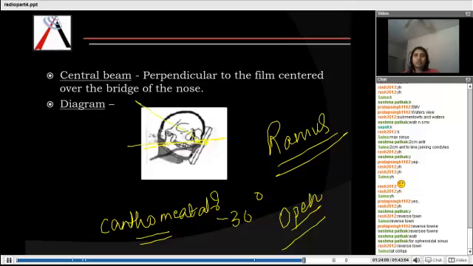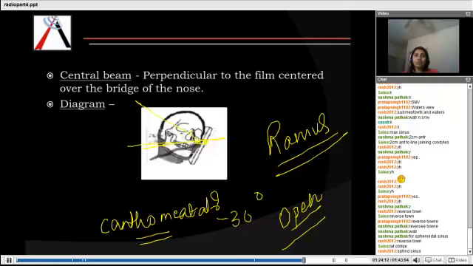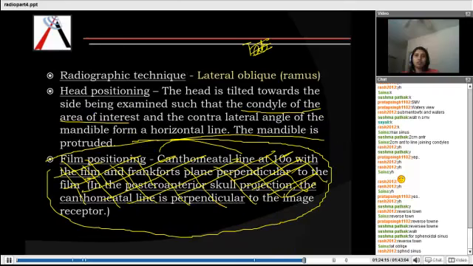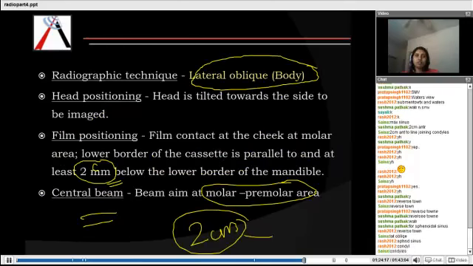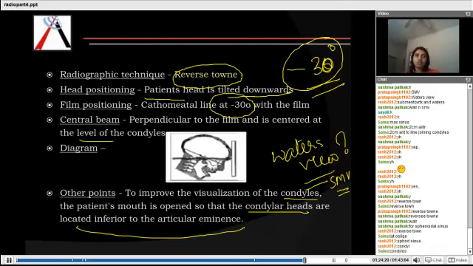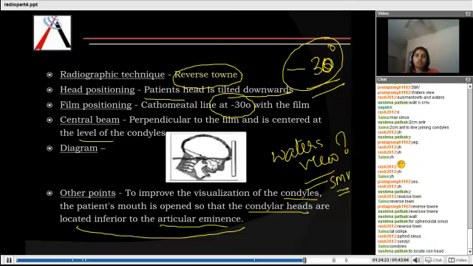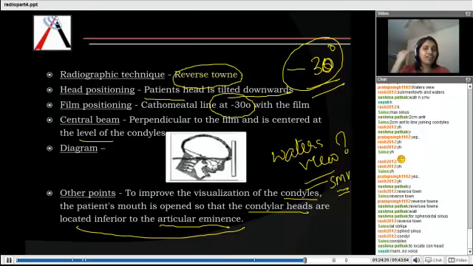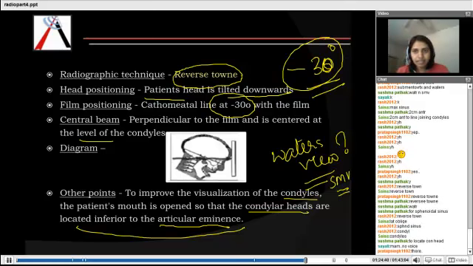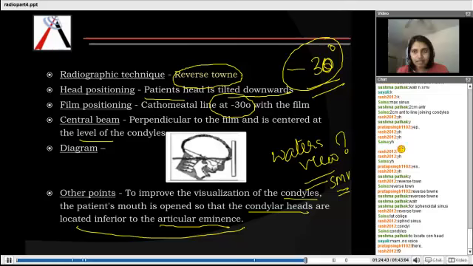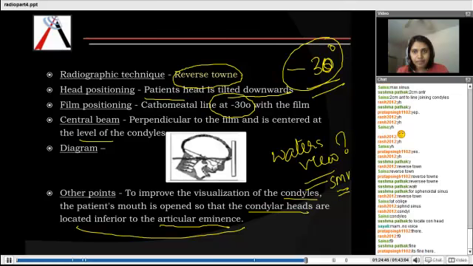And in reverse Towne we opened it. Why did we open it in reverse Towne? Okay, so that we locate the condylar head below the articular eminence. Like it was coming behind, oh no, why? Simon?